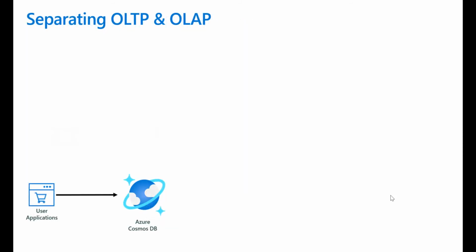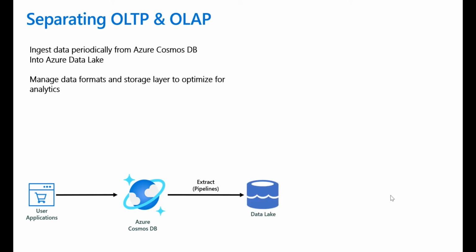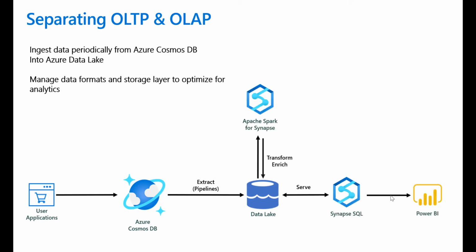Many customers are trying to solve this problem by separating OLTP and OLAP queries. We've seen that many customers are using pipelines or workflows to extract their Cosmos DB data to Azure Data Lake, or even SQL Server or Azure SQL Database, where they can use tools like Spark or Synapse SQL to query the exported data and run reports.